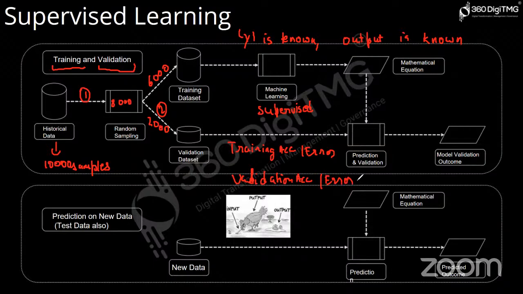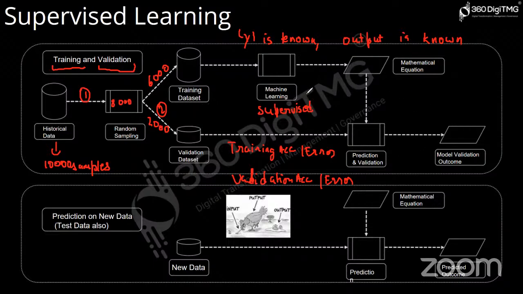If your training accuracy is good and your error is low, but your validation accuracy is low or error is high, then we cannot use that mathematical equation. That means there is some problem with the equation. So then we go back and retrain our model.